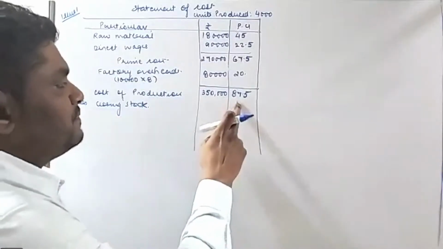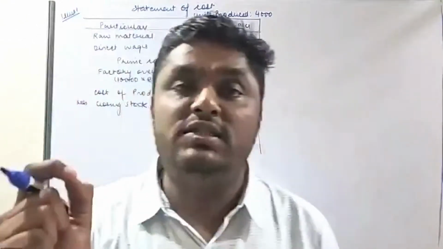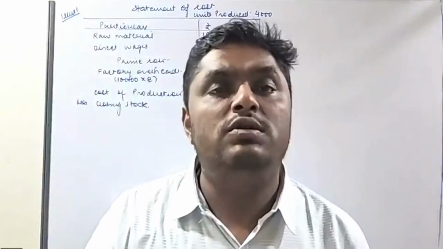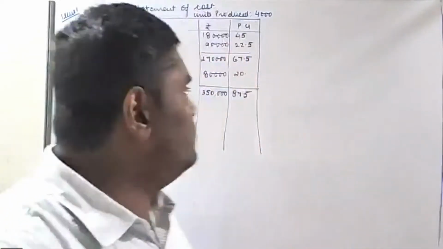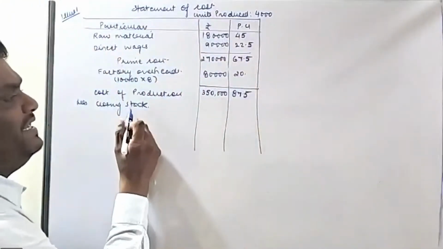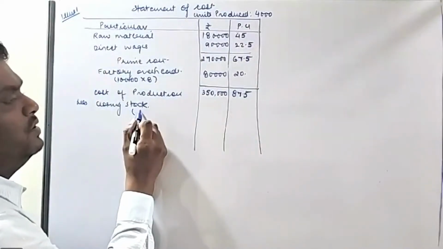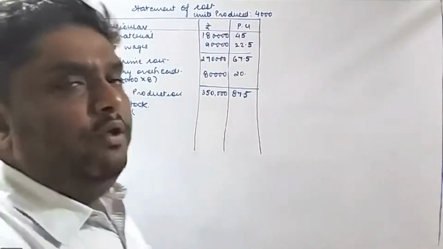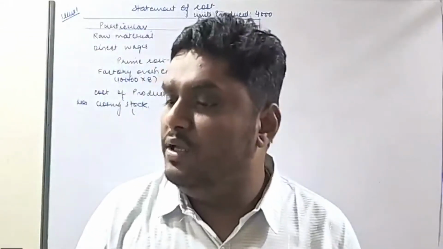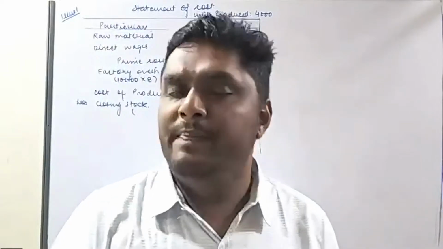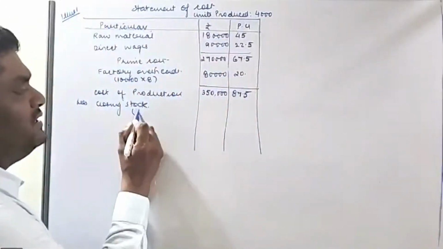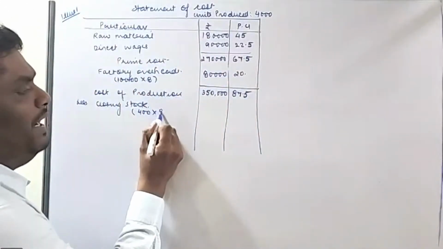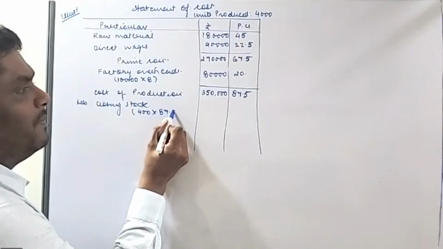Now see, as I said, closing stock will be valued at cost of production. And the cost of production per unit we have is 87.5. So see, total units manufactured were 4,000 and the units sold were 3,600. So 400 units are still in stock into 87.5.